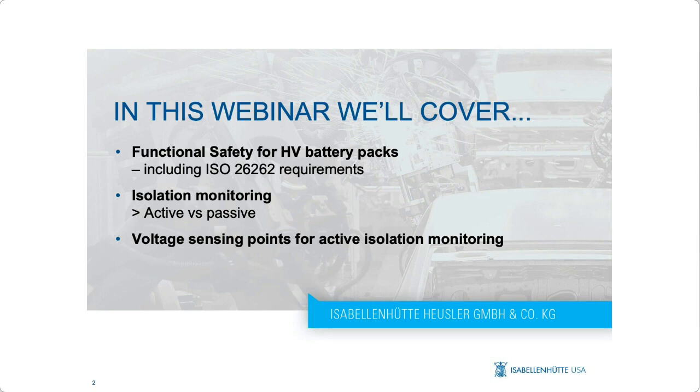We'll cover a little bit of isolation monitoring, especially the differences between active and passive isolation monitoring. And then we look into the placement of voltage sensing points for active isolation monitoring. Lastly, we'll wrap up the takeaways from this webinar and we'll have a look into solutions that are available to cover smart sensing needs in high voltage battery packs.